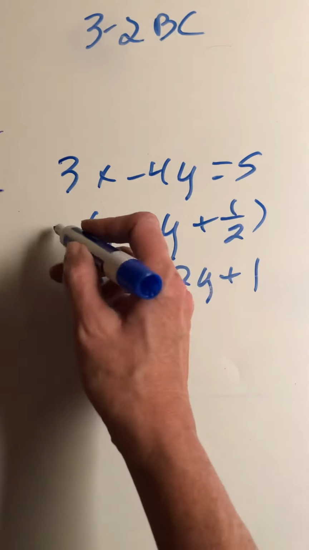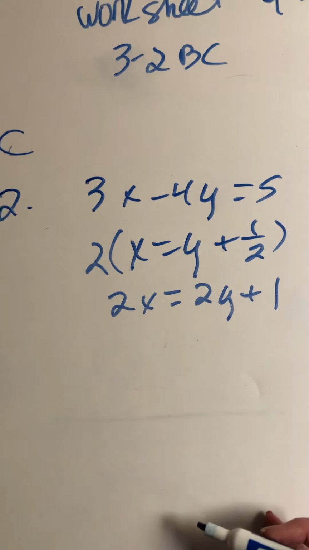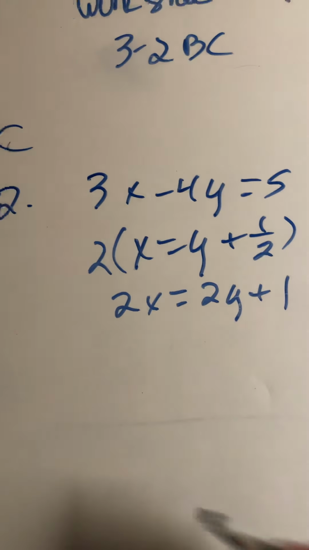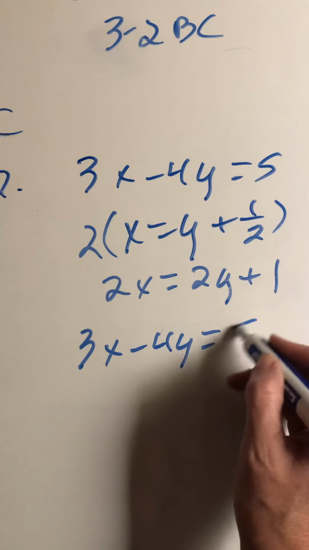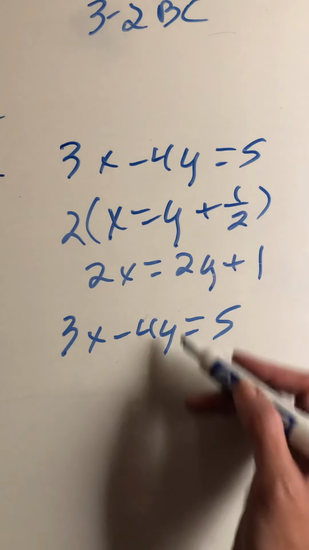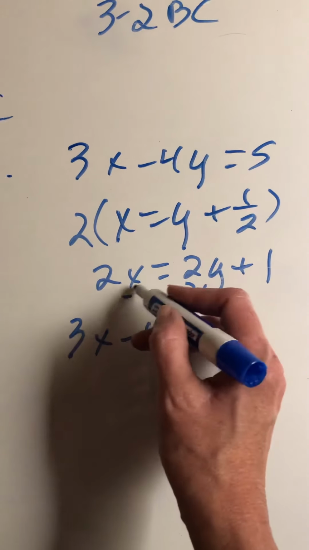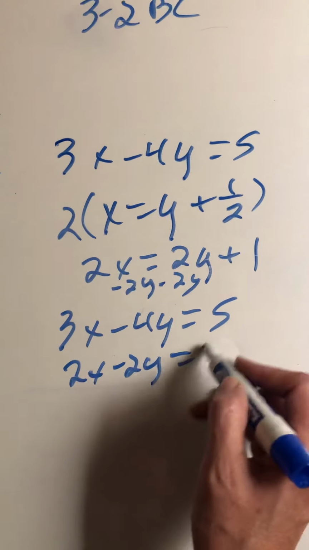That's just multiplying this by 2. I mean, it's set up for substitution if you wanted to mess with that 1/2 being in there, but I didn't want to. So now what I'm going to do is subtract 2y and have 2x minus 2y equals 1.